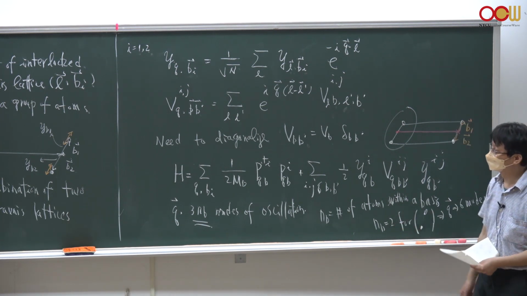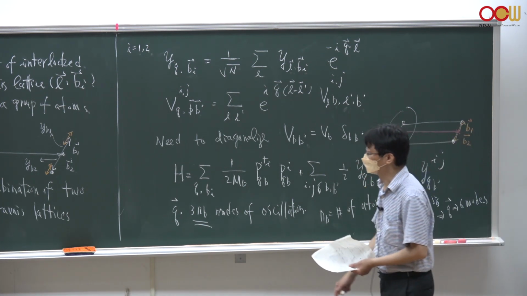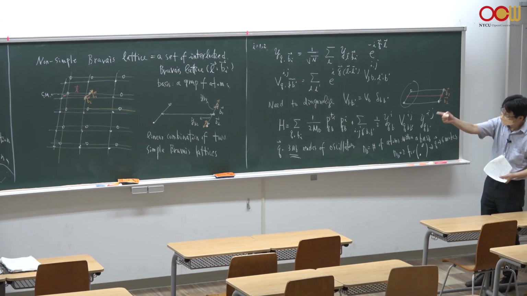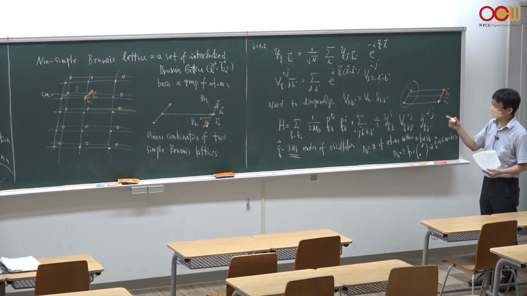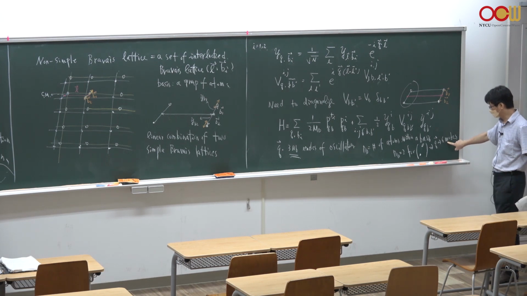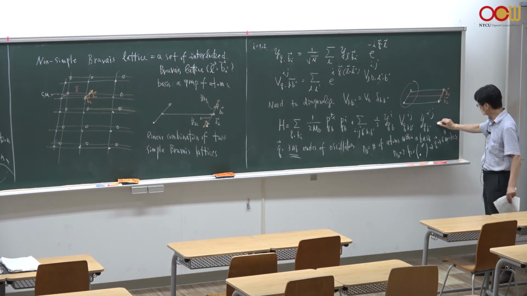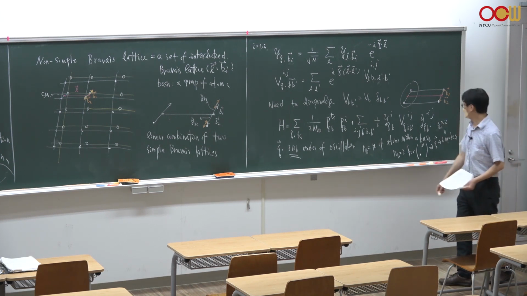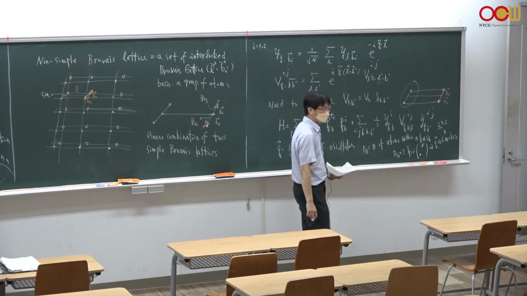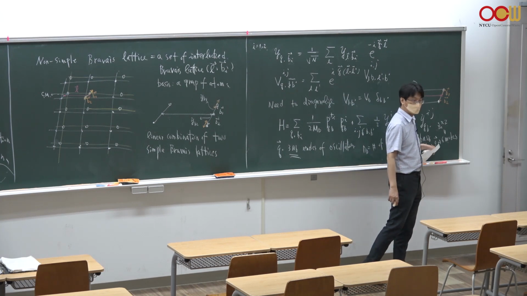So in addition to the 3 normal modes or phonon modes that we discussed earlier for a simple Bravais lattice, for this 2-sublattice non-simple Bravais lattice, for a fixed momentum q we have 6 modes, because we have 2 sublattices, and each sublattice has 3 phonon modes, and therefore altogether we get 6 phonon modes for a fixed momentum q.